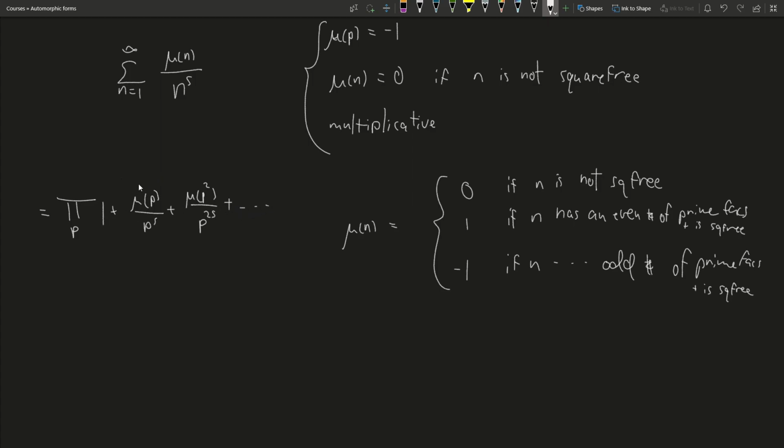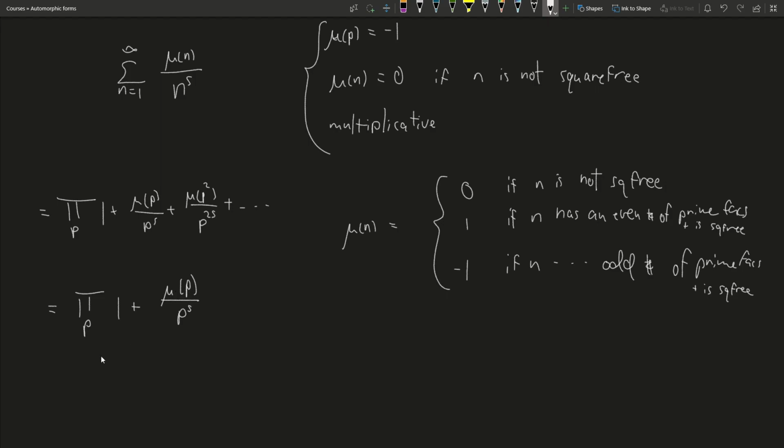And then in each factor in this product over p, you just pick the power of p you need to build n. But because we said that mu is 0 if n is not square free, this is in fact just a product over p of 1 plus mu of p over p to the s, right? This term and all terms that come after this are 0.